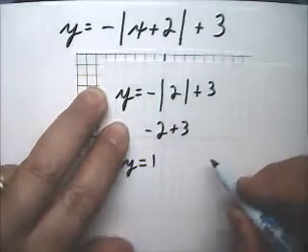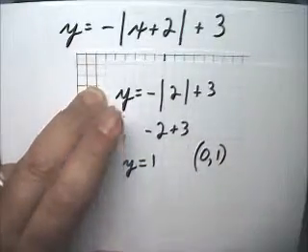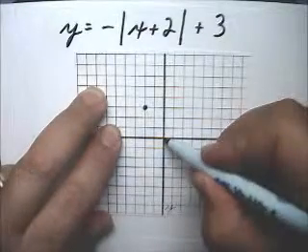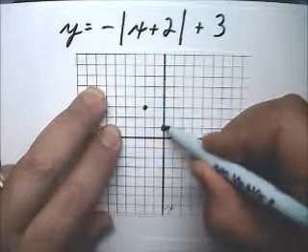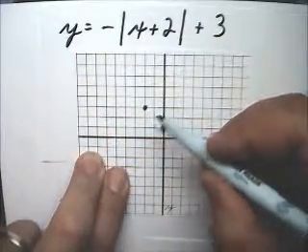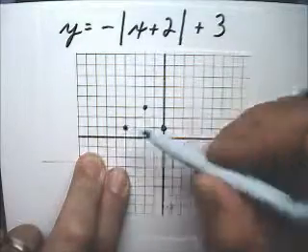So 0 comma 1 is one of the points. So 0 comma 1. So that's another point. And the graph is going to be symmetric, so it's going to be right here.